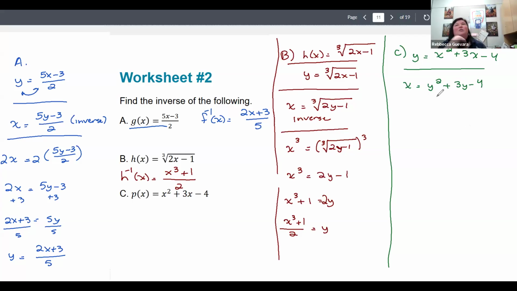So here we see that y squared is not going to be a function. So once again, we have no inverse function on the entire domain of p of x.